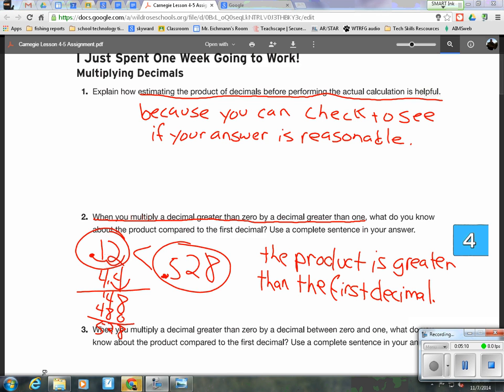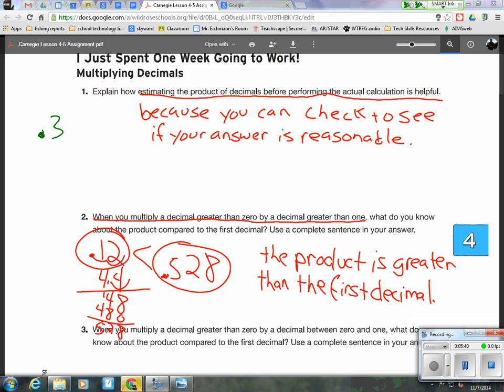I want to see if this is true. I mean, is it always going to be true? When you multiply a decimal that's more than 0 by a decimal that's more than 1, is my answer always going to be bigger than the first decimal? Let's just try another one. I'm going to go with another decimal that's greater than 0. How about 0.3?